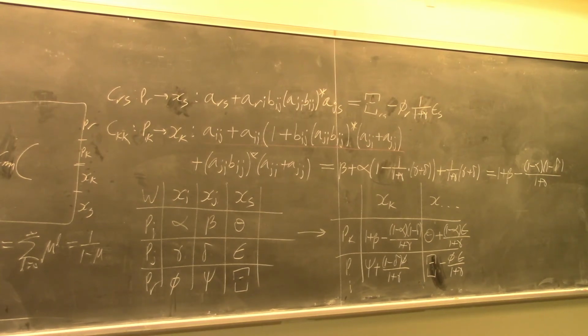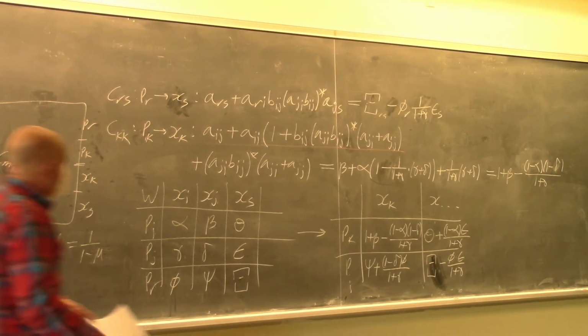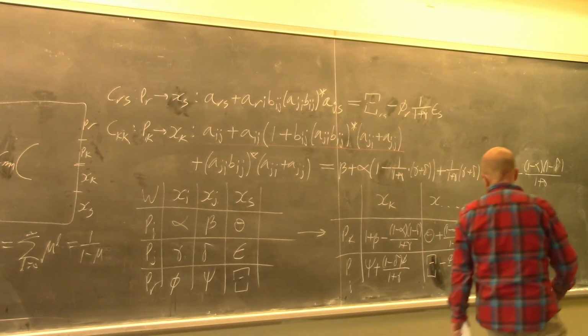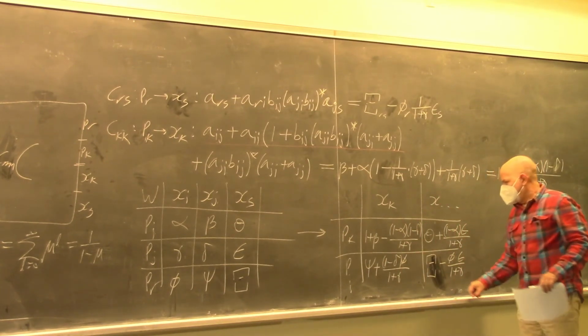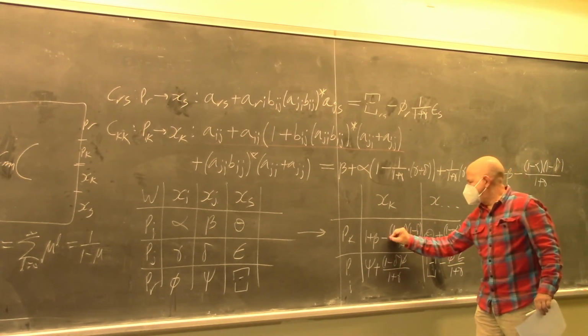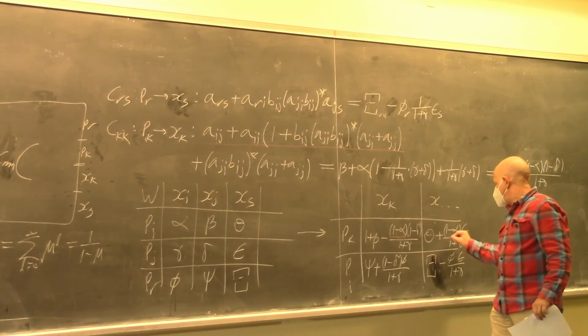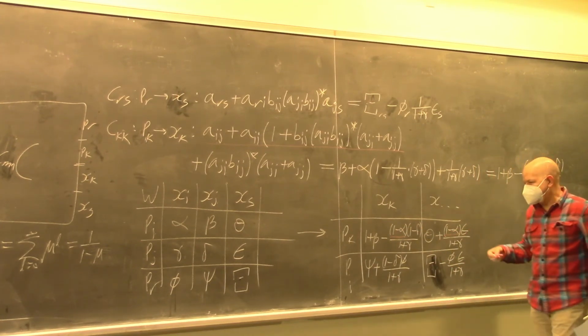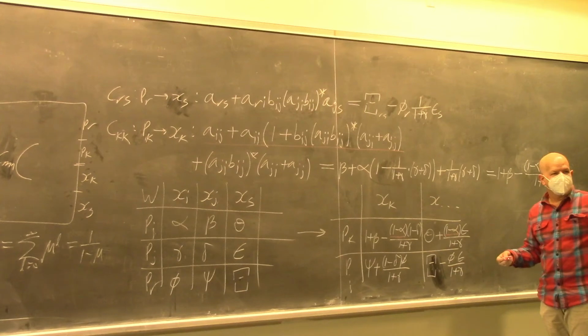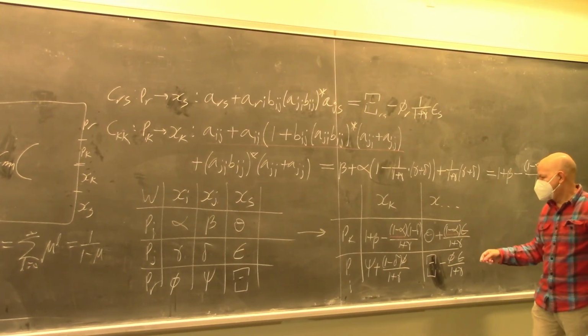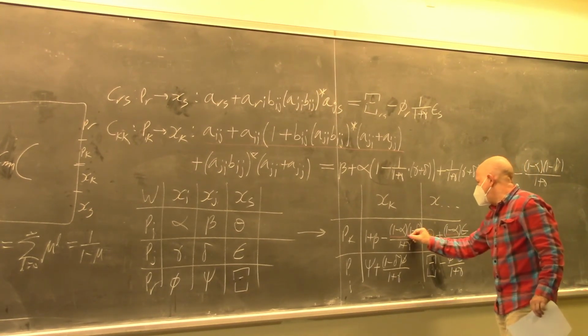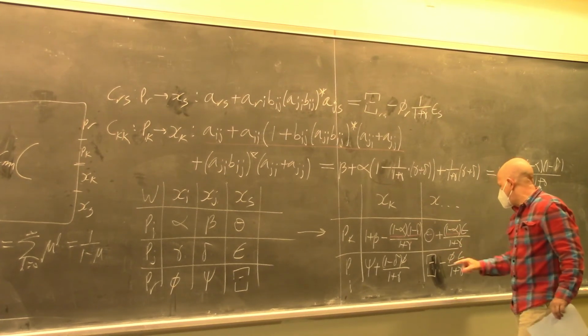Okay. Now you look at it a little more, and you realize that alpha never occurs free. It's always 1 minus alpha. And likewise, delta never occurs free. It's always 1 minus delta.